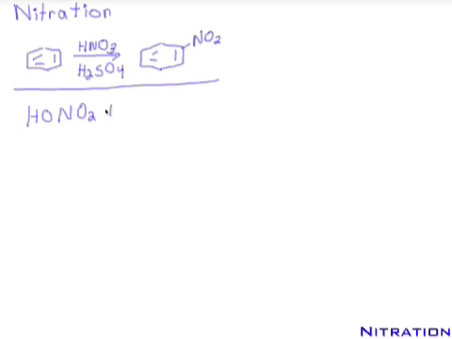If I react it with H2SO4, H2SO4 is a stronger acid. Hence, H2SO4 will protonate the nitric acid. Now I'll get HSO4 minus plus the protonated nitric acid.